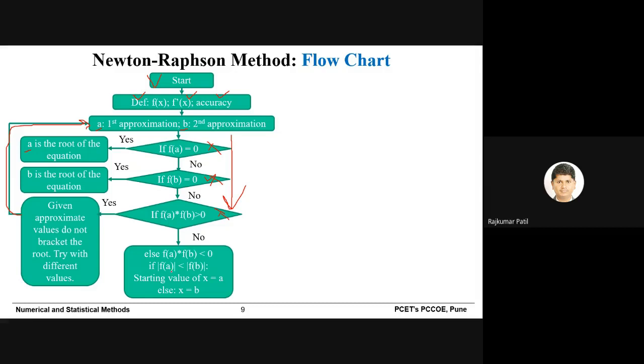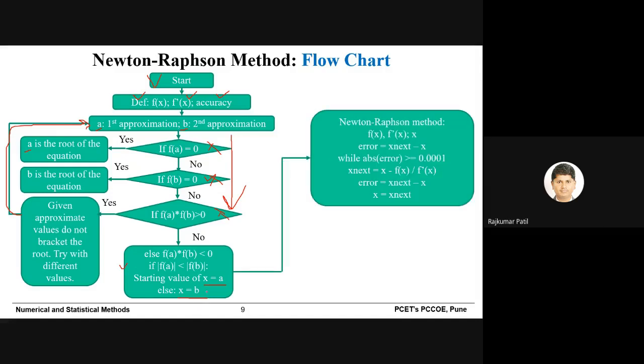If f of a is less than f of b, that is, f of a is close to 0, then we assign x equal to a. Or if f of b is less than f of a, that is, close to 0, then we assign x equal to b. What we did, the way we understand the problem and solve it, we have just written in terms of program form, that is, an if else loop.